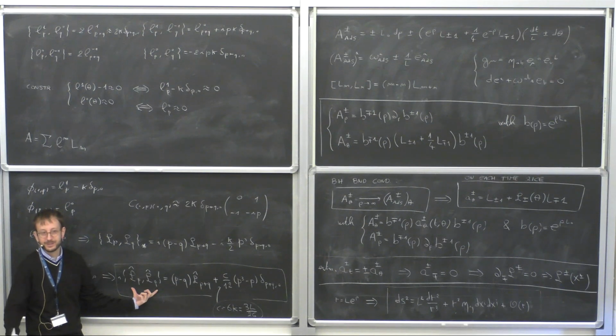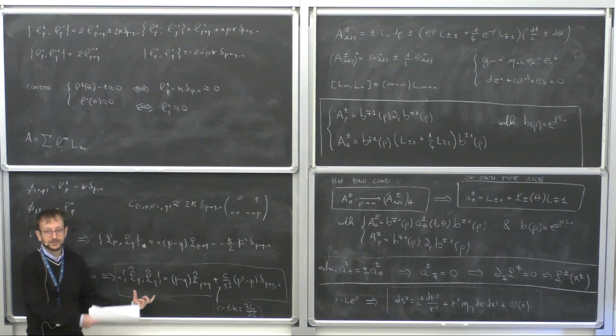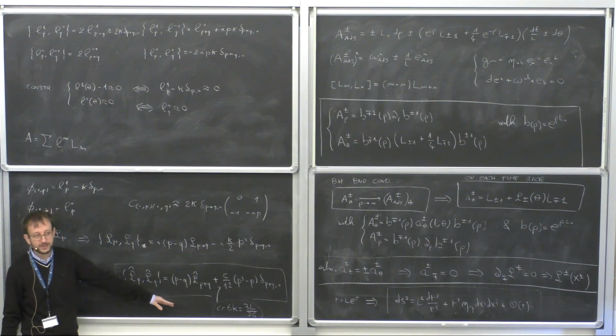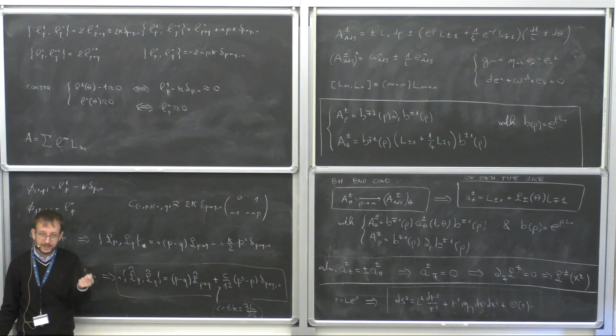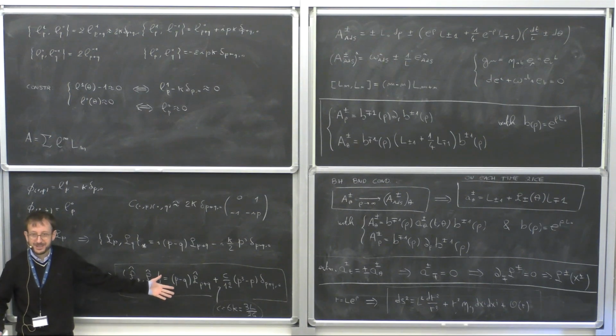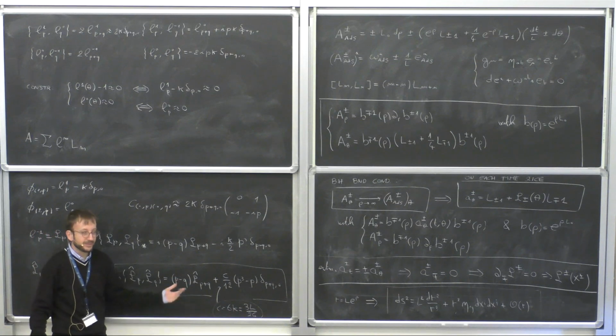You just assume that a CFT arises, and then you try to use universal properties of CFT. For instance, you use the Cardy formula, and you derive or predict the correct entropy for the BTZ black hole. But that is not really a quantization, just assuming that the boundary theory satisfies this algebra.